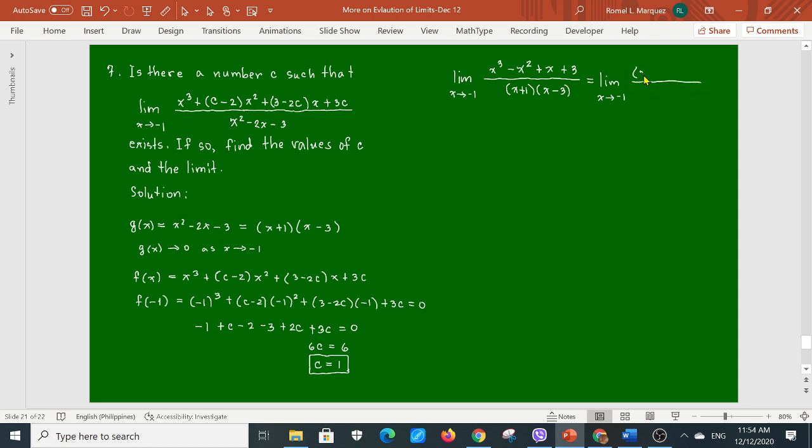So, one of the factors, of course, is x plus 1. How do we get the other factor? Synthetic division now: 1, negative 1, positive 1, and then positive 3, with a multiplier of negative 1.